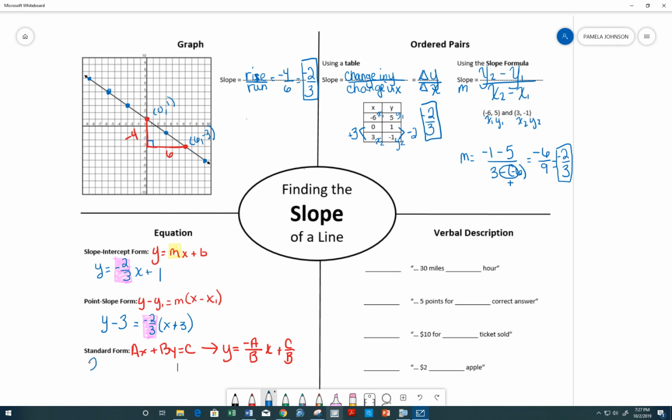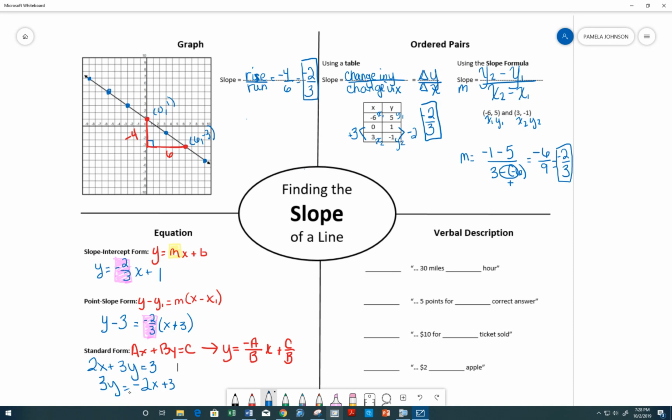Okay? In standard form, we have 2x plus 3y equals 3. Now, to get to our slope intercept form so that we can find our slope, we're going to subtract this 2x across. Okay, we're just going to move it to the other side, and that changes its sign. So we're going to have 3y equals negative 2x plus 3.